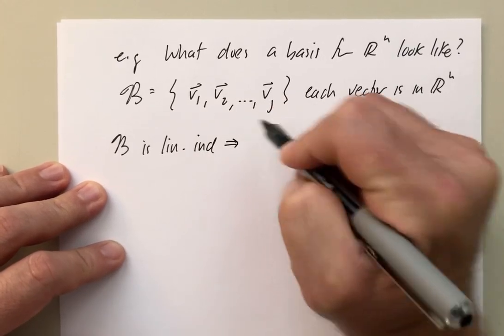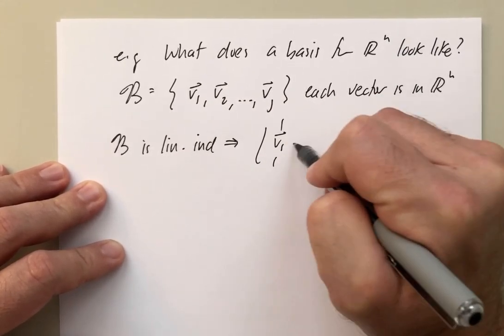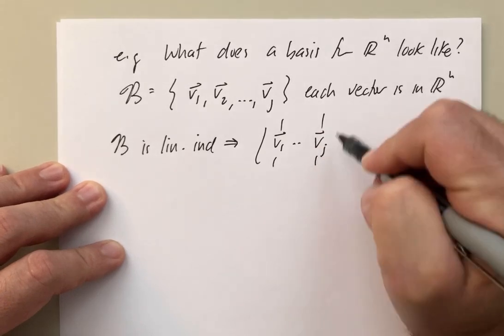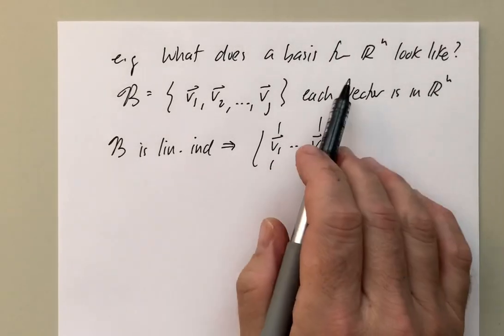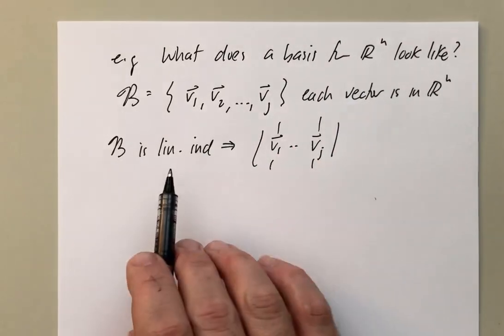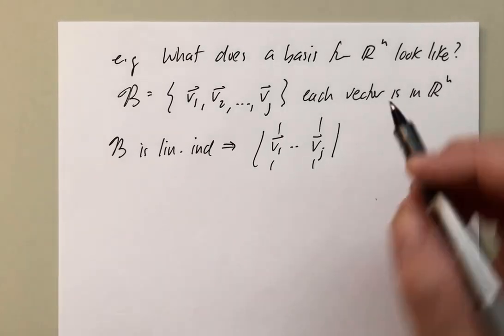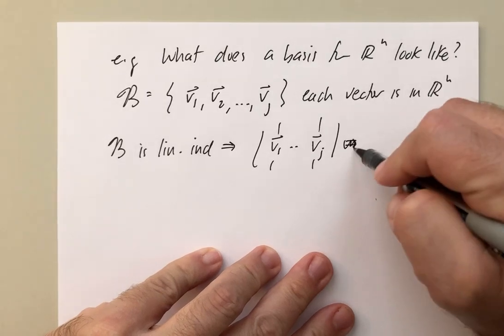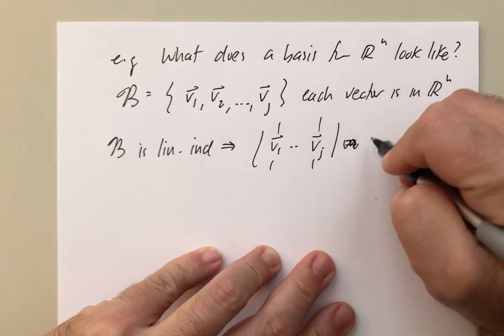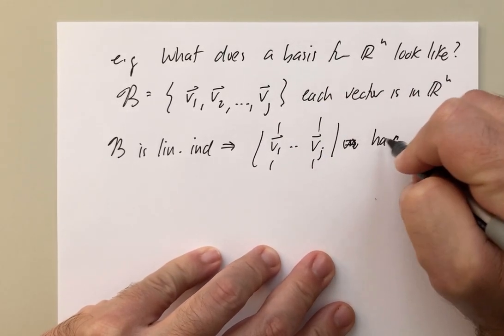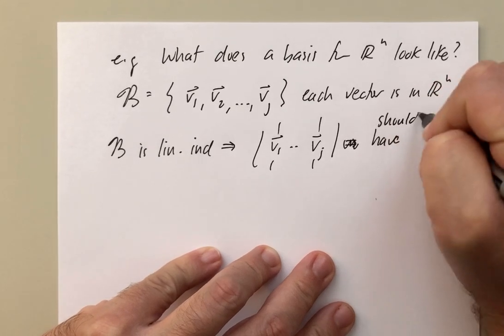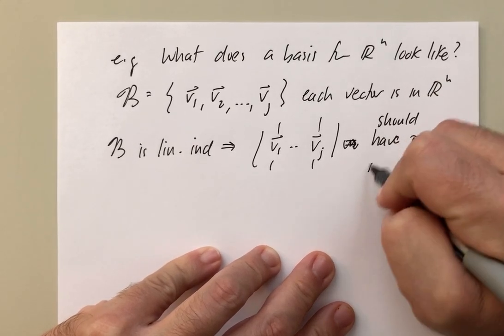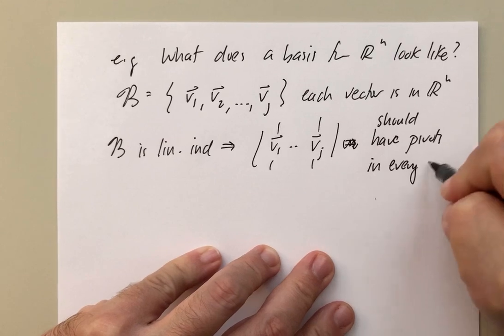So if I say that B is linearly independent, this implies that the matrix I get, V1 through Vj, right? Remember, going back to Rn now, if I have a collection of vectors and I want to know if it's linearly independent, that's the same as saying that this matrix should have pivots in every column.